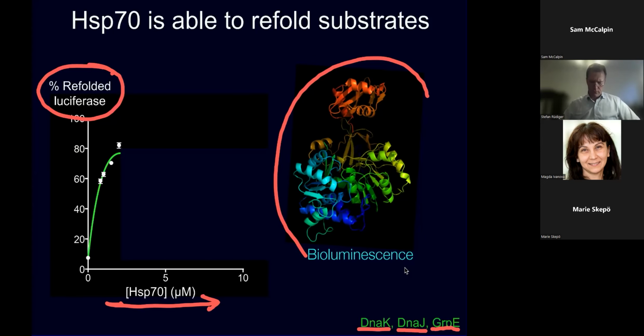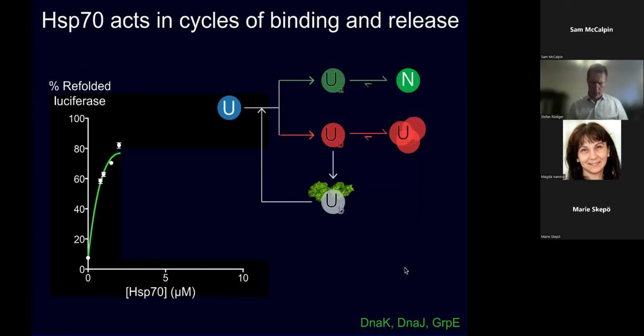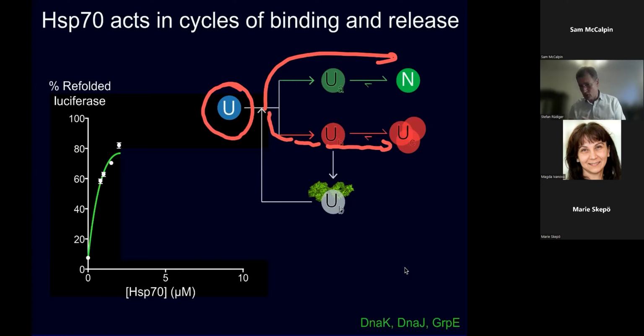So, when we look at that, how can we understand that? Basically, we have an unfolded protein that you get when you unfold the protein with guanidinium chloride. The protein has two choices. The protein can take the pathway to the native state, or, and that's actually the majority for this luciferase protein, it would enter a pathway in which you end up with oligomers or states which do not immediately fold on their own.